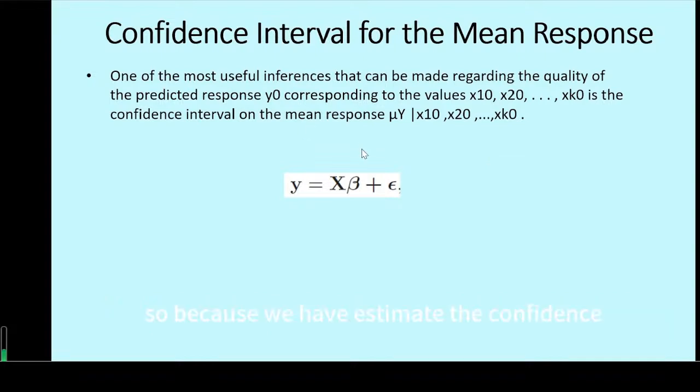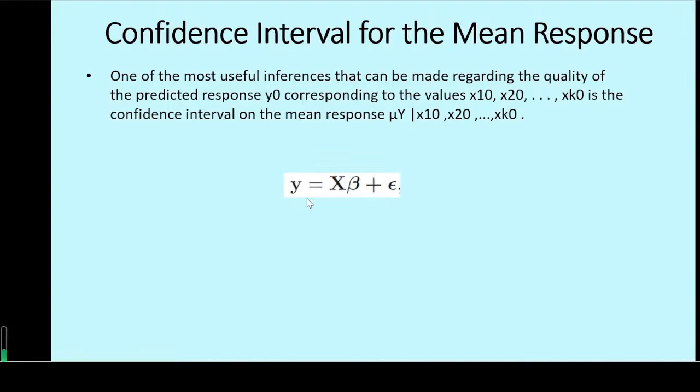Because we have estimated the coefficients, we can just put in the x variables and get a point estimate for y. And we can omit the random term, because epsilon's mean value is 0. So the point estimate of the mean value of y is calculated by filling in the x variables and multiplying by the estimated coefficients.